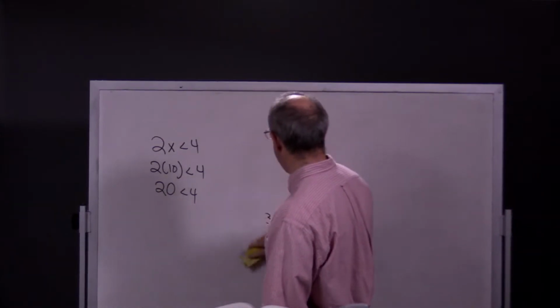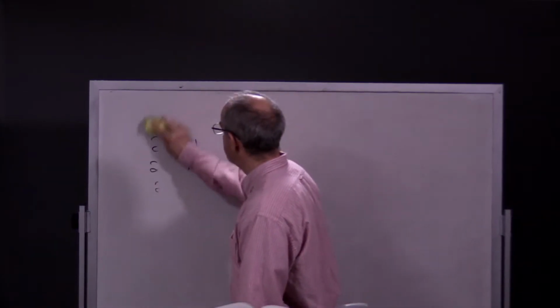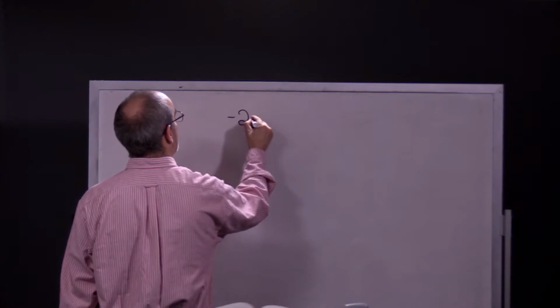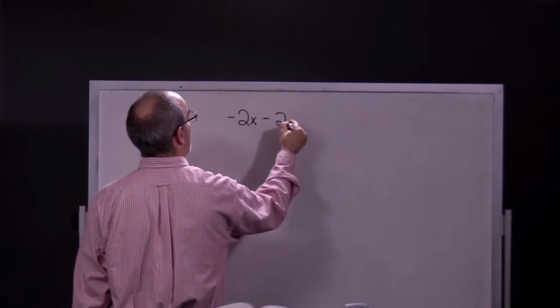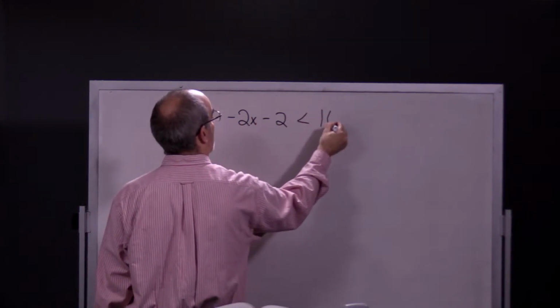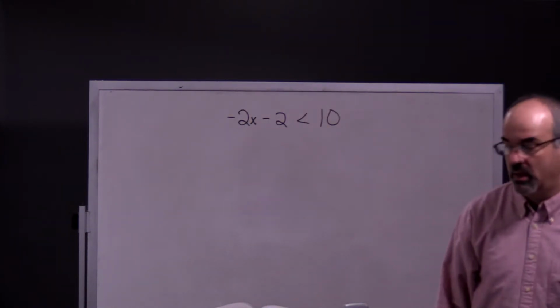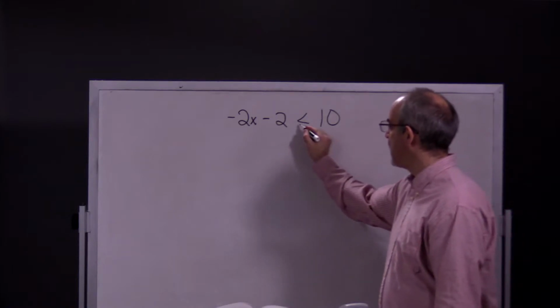Let's do one that has a little bit more work in it. -2x minus 2 is less than 10. How about we do less than or equal to?